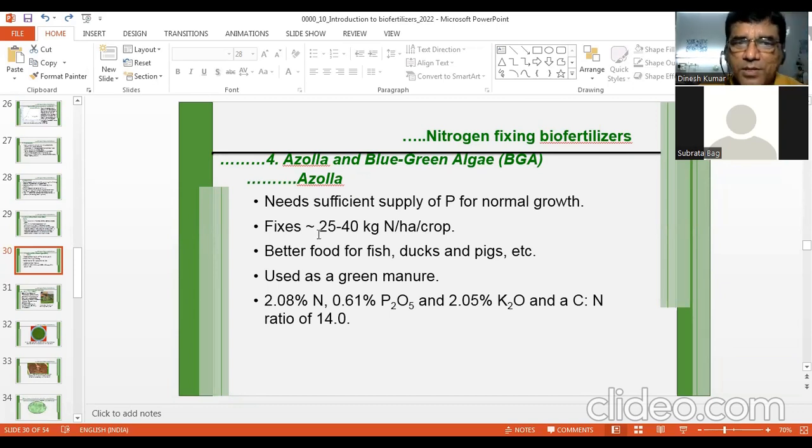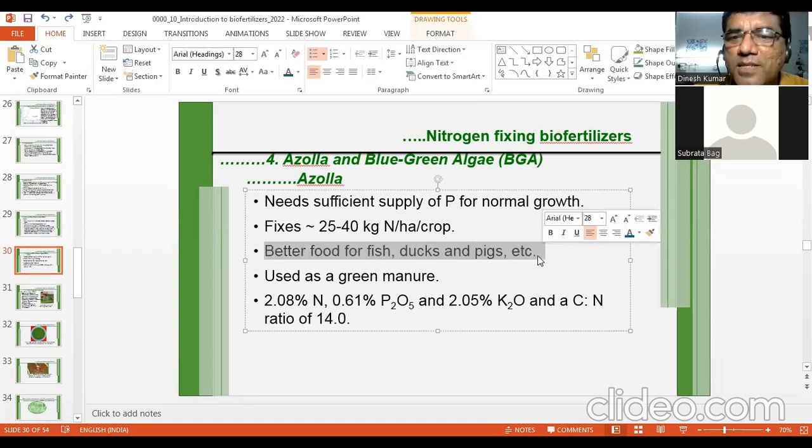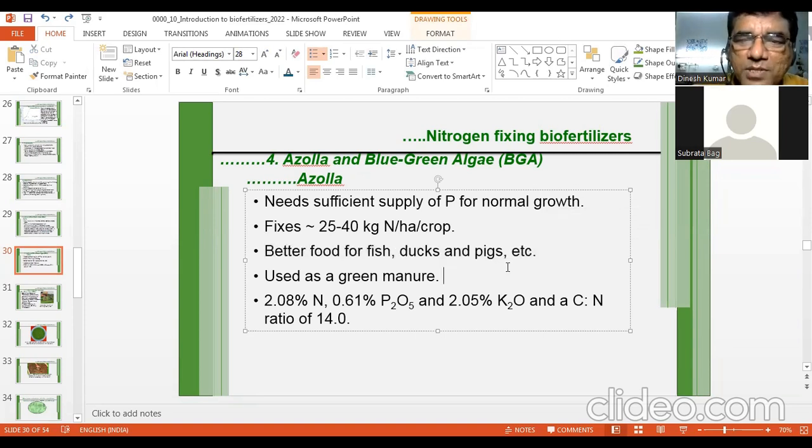So this symbiosis can fix 25 to 40 kg nitrogen per hectare per crop. I have taken this matter from Brady's book, Nature and Properties of Soils. It is also a better food for fish, ducks, and pigs. So it has also been used as a fodder or forage material for animals. It is used as a green manure crop in China, Vietnam, and some southeastern countries.